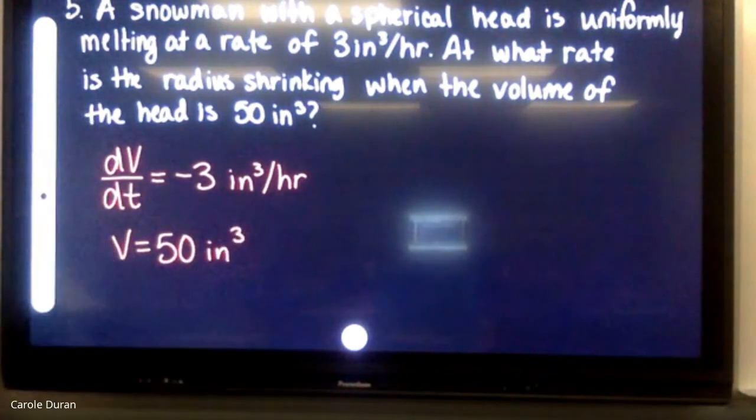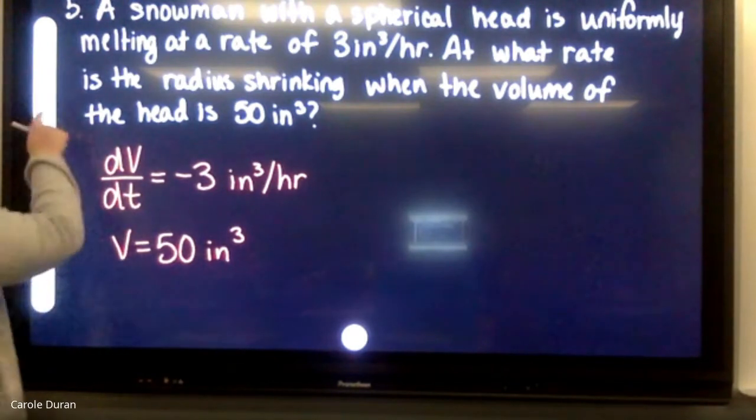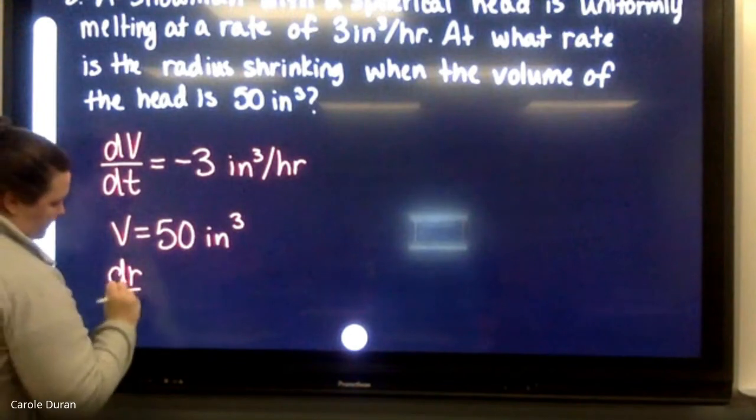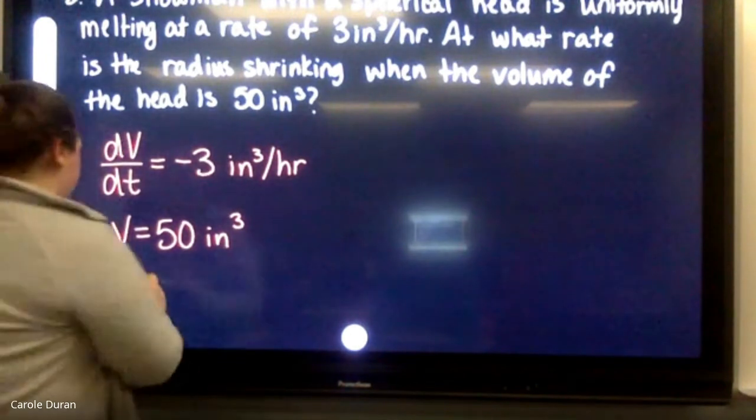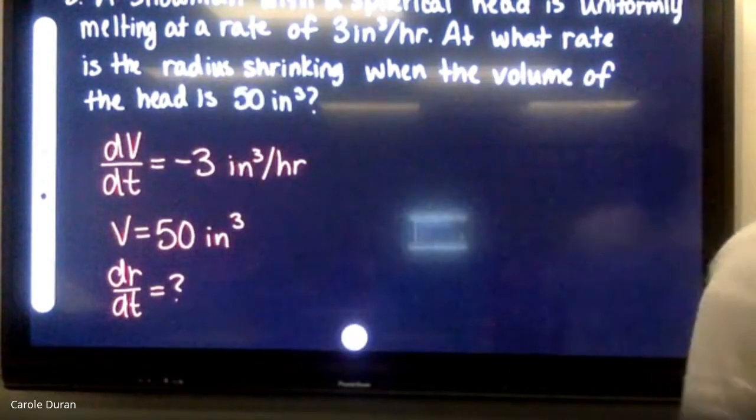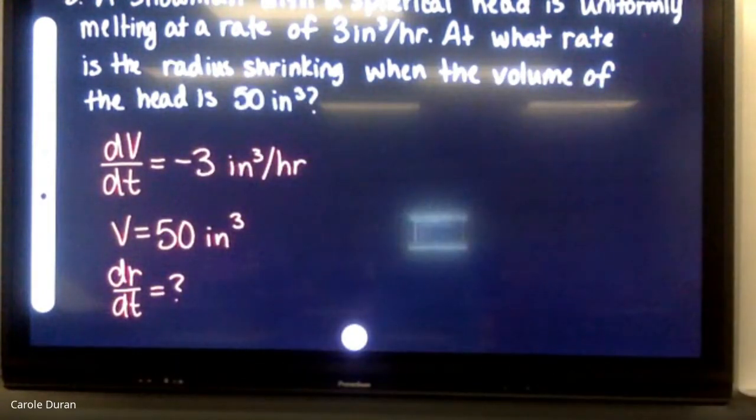And then what is the thing that I am solving for? The rate at which the radius is shrinking, which is dr/dt. Are we all okay with that? What happened? No, I just don't remember simple equations.